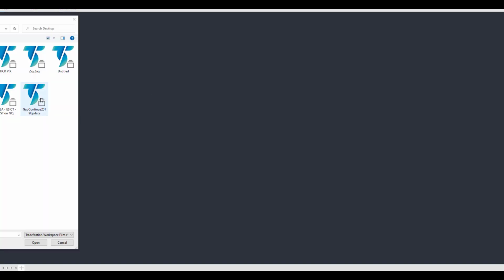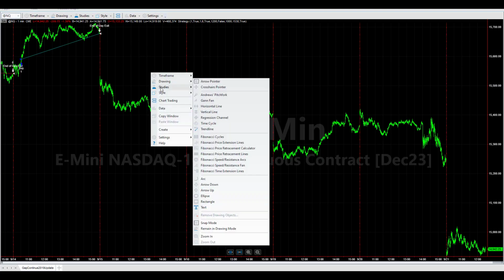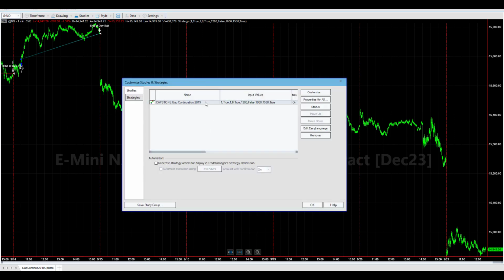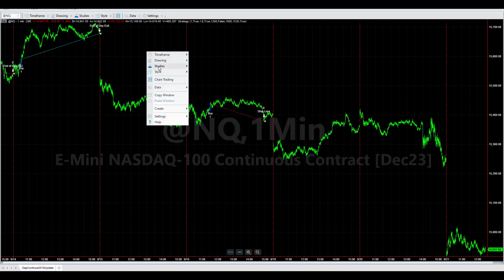So file, close workspace, then file, open workspace. Let's check it now. Studies, edit strategies, and the colon is no longer there.